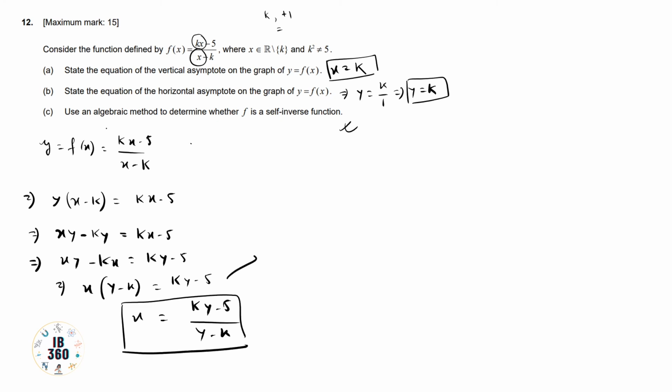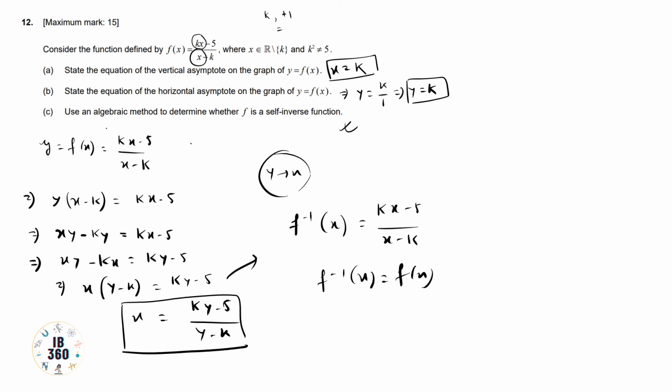Now just rewrite the equation in terms of x, so f inverse of x equals kx minus 5 divided by x minus k. So you are getting that f inverse of x and f(x) are the same. So f inverse of x equals f(x) in terms of the normal independent variable x. That's why I can say f is a self-inverse function.